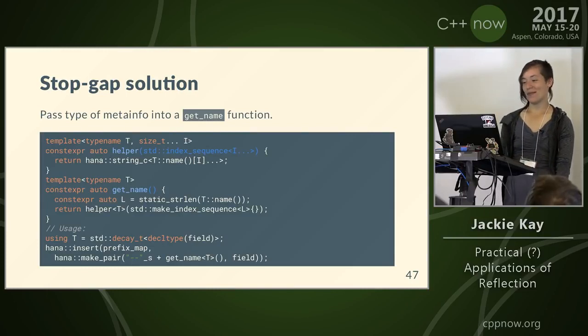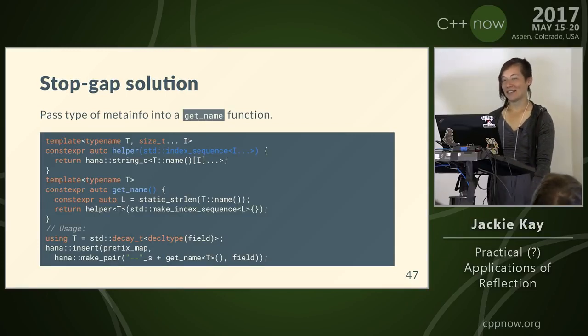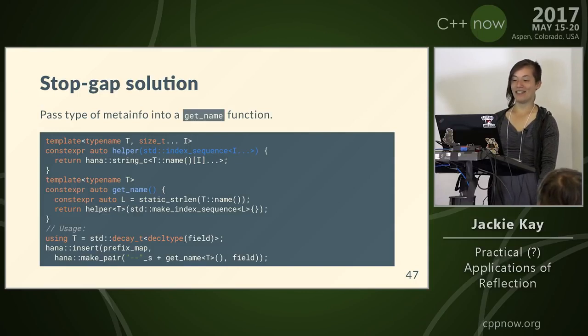I didn't have access to good facilities for dealing with compile time strings, and I was too lazy to write them myself. So I have essentially a stopgap solution, which is unpacking the result of the reflection name and doing some crazy stuff with index sequences and then putting it in a Hana string and then just not dealing with the strings afterward.